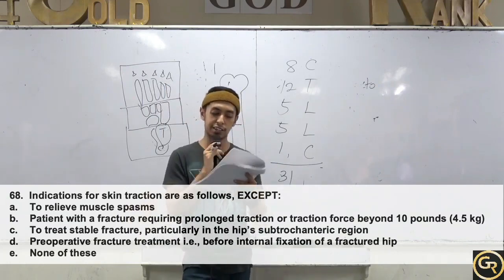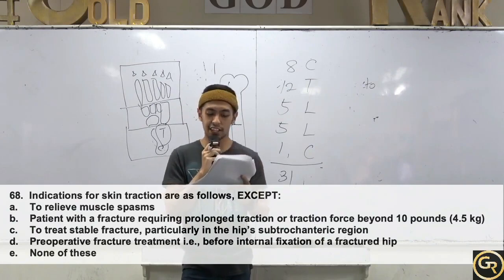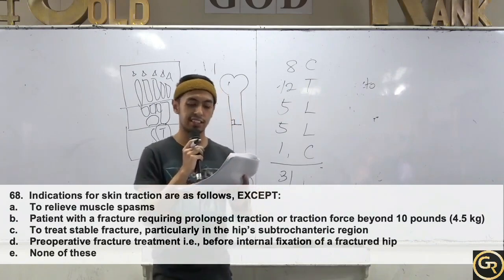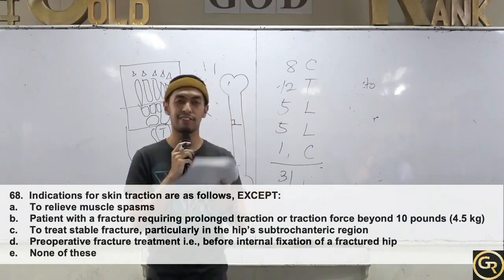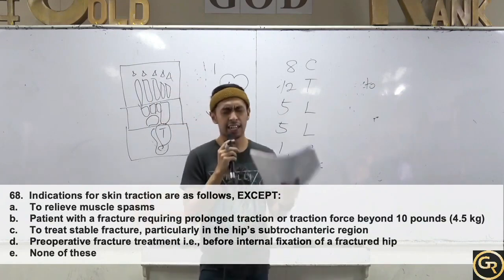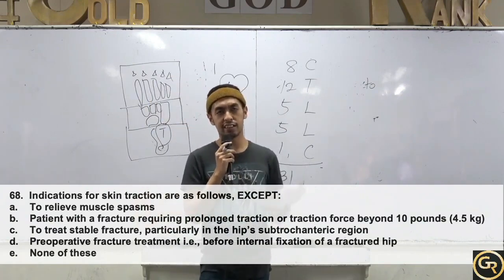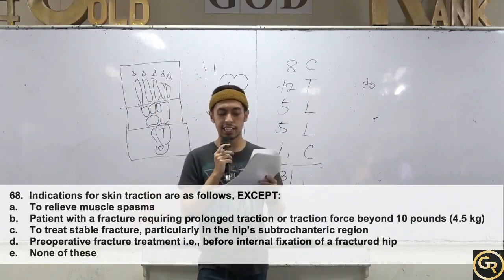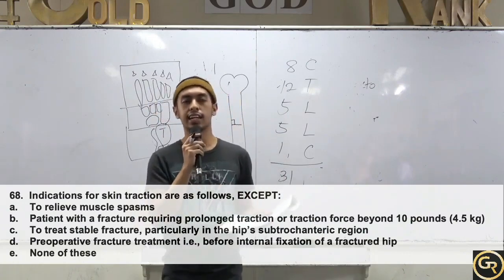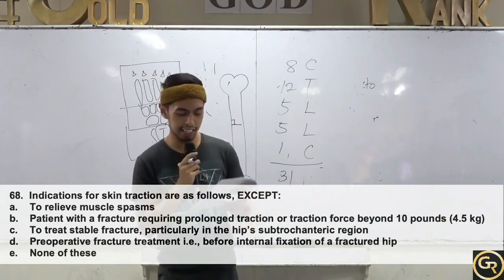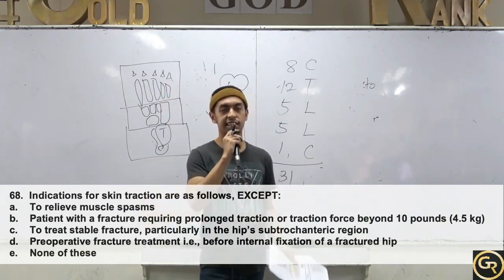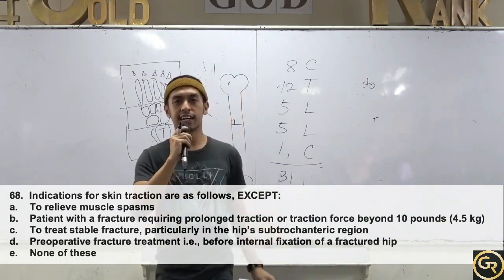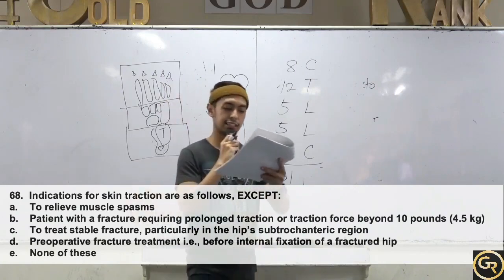But if you look at letter boy, a patient with a fracture requiring prolonged traction or traction force beyond 10 pounds or 4.5 kilograms would no longer be indicated for skin traction. Take note, this is already indicated for skeletal traction. So letter boy.